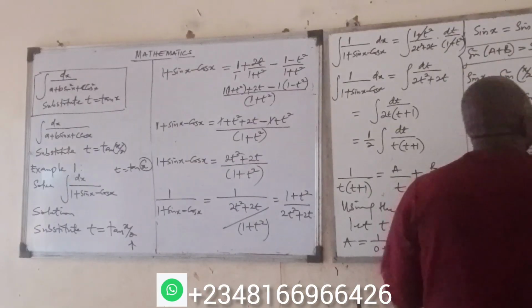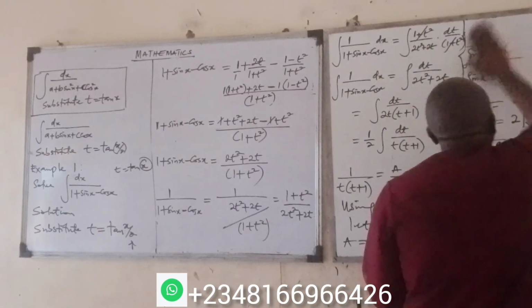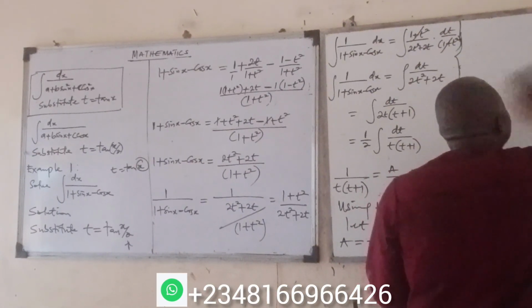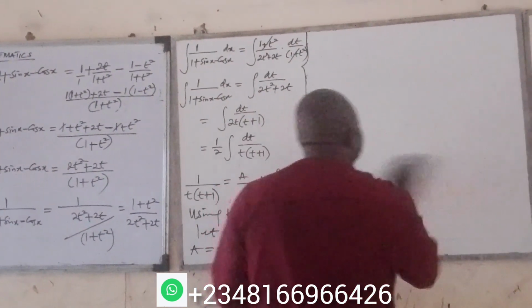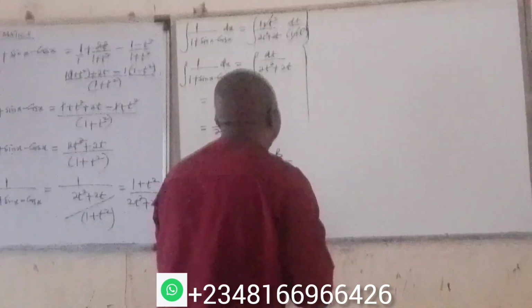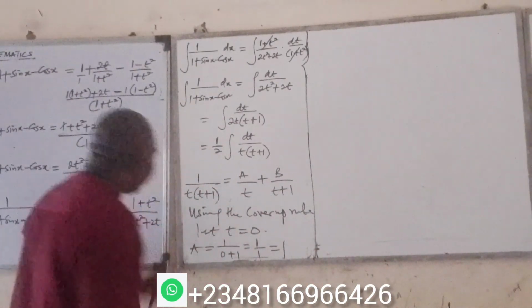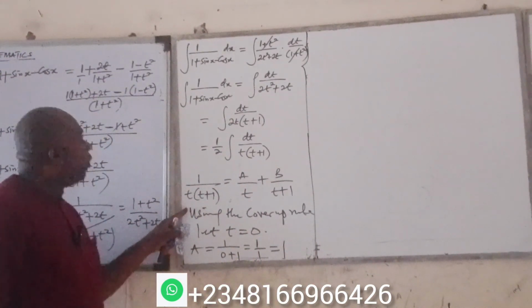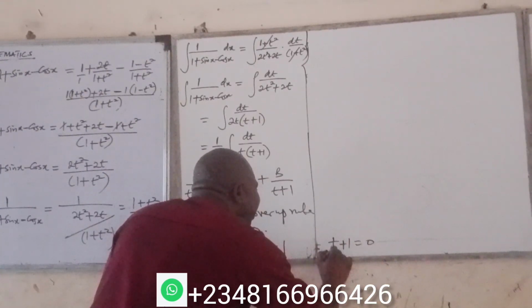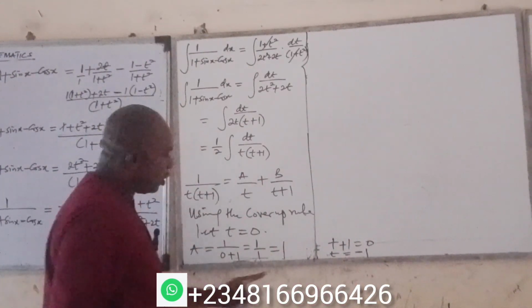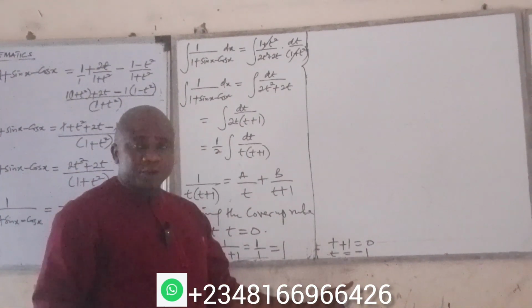Now let's look at t equal to −1. We are taking t equal to 0 before because here we have just t. Now when t + 1 is equal to 0, it means the value of our t will be equal to −1. When you take +1 to the other side, it becomes −1.